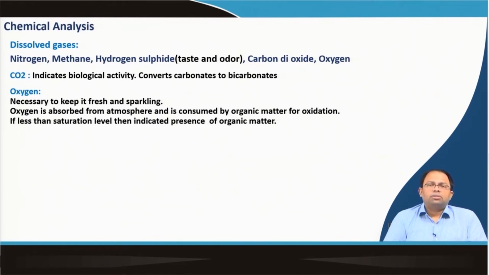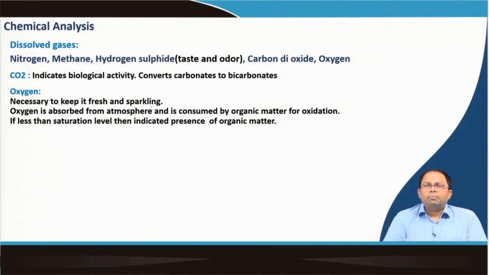You have heard us talking about BOD, and we will talk about the biological oxygen demand. Whenever there are biological impurities in water, the water gradually gets treated, and these BOD levels help us determine if the water is completely treated or not. So if less than the saturation level is present, then this indicates that there is organic matter.